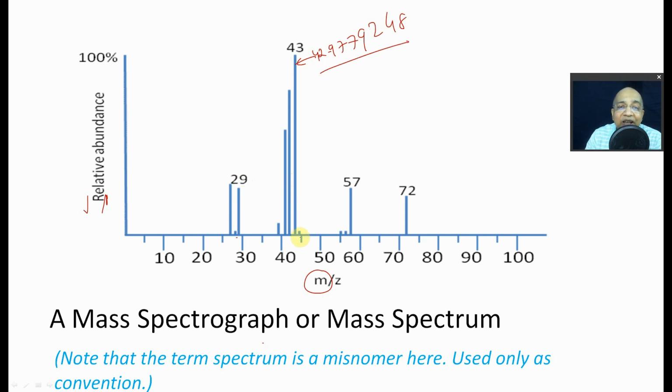Here you can't see, but the micro calculation will be done by the computer, because the resolving power of the magnet is so high that it can distinguish to this very minute extent, and it gives correct isotopic masses, correct up to maybe 10 places of decimal. Although here it is not possible to show, at every line it will give you the mass, and the percentage also in brackets.